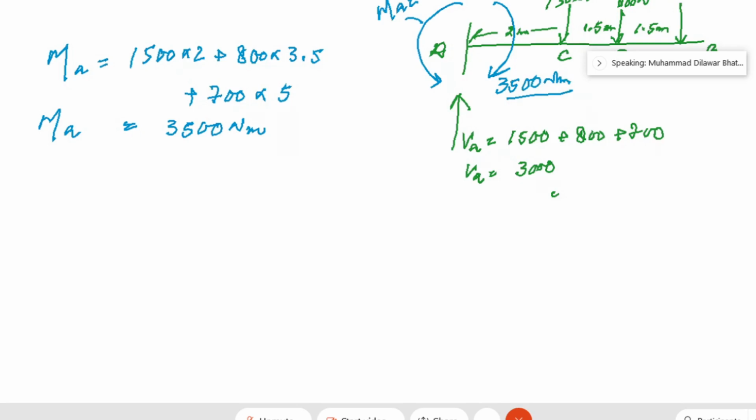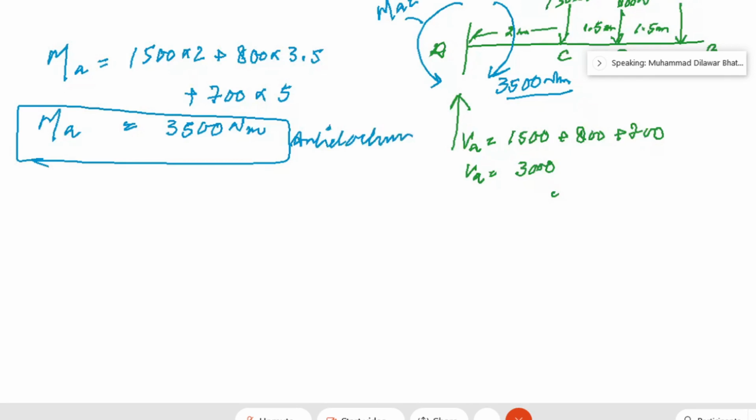But in order to attain equilibrium, this fixed end should provide us with an anti-clockwise moment of 9300 in order to be in equilibrium. Okay. Sorry, it is 9300.